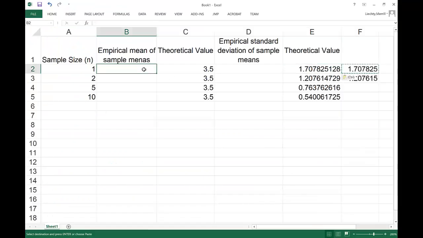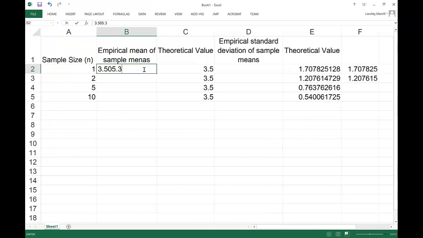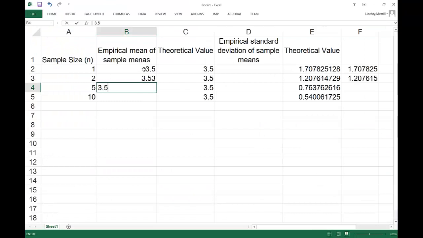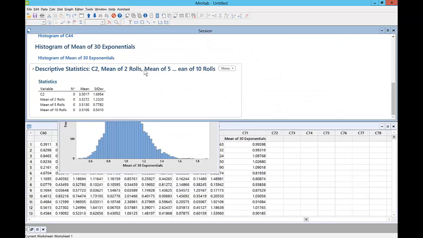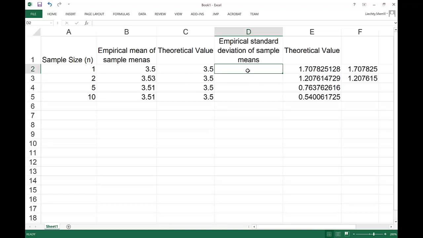So we've got 3.50, 3.53, 3.53, 3.51, and 3.51. Okay, so that's the mean for each of these, and it looks like they're pretty close to the theoretical values. Let's go over here now and look at the empirical standard deviation.